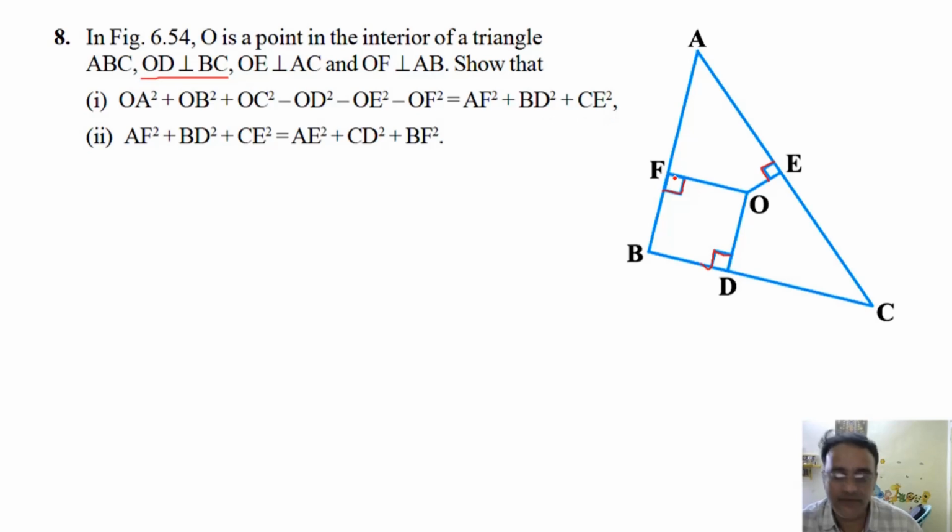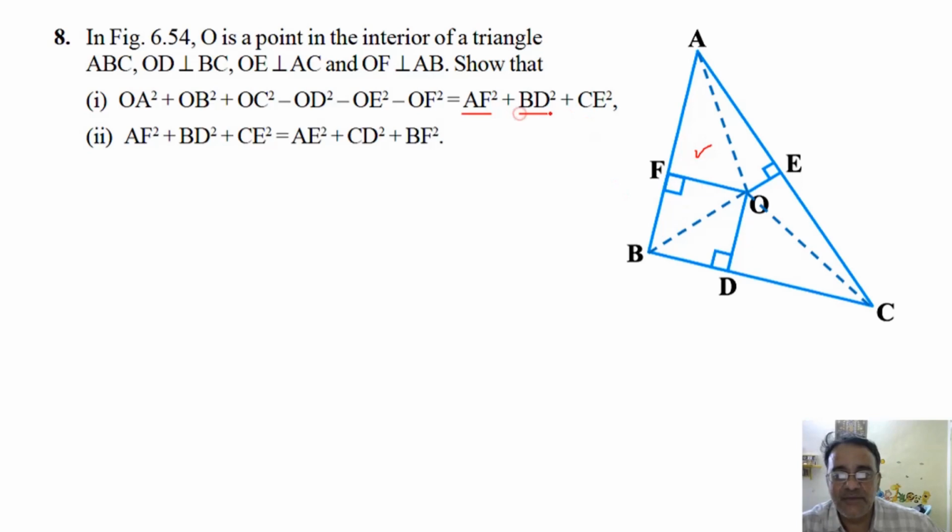So first of all, we will do one construction. We will join OA, OB, OC. Now you have to identify AF square belongs to which right triangle? This one, AOF.